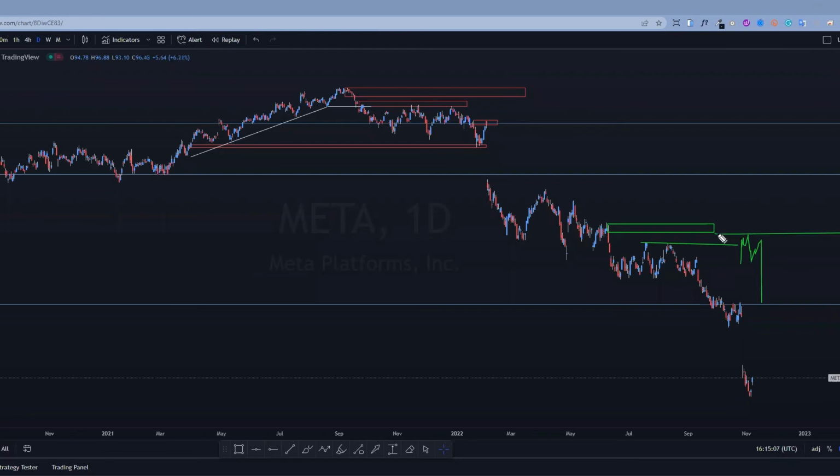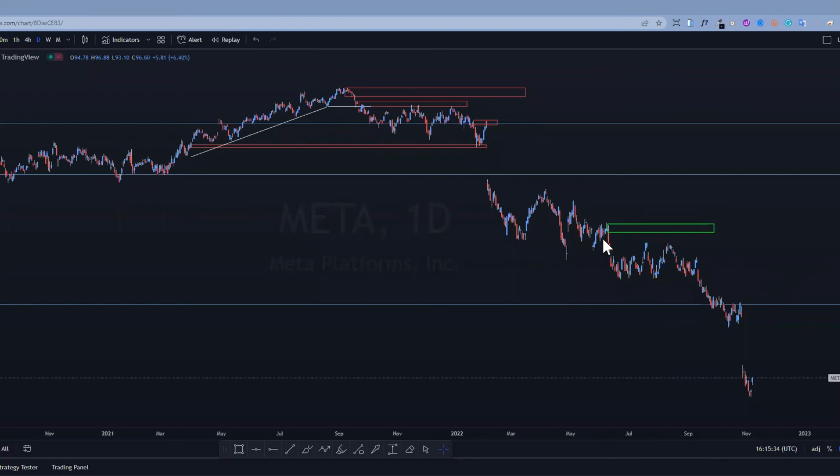I have no idea when Meta is going to go back to this level. I have no clue. But whenever it does, I don't trade Meta. But if this was a chart where I would trade the asset, I would definitely be looking for an opportunity somewhere in there to look for a sell. Then maybe somewhere in here as well, with this level of support resistance, there's maybe something you could look for, an opportunity to look for a sell, and so on and so forth.